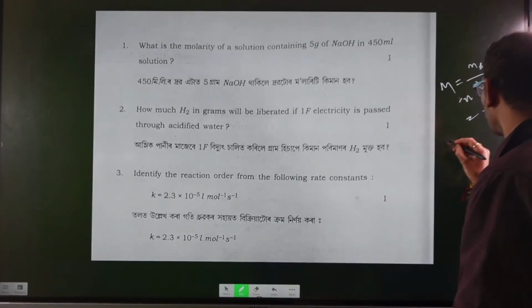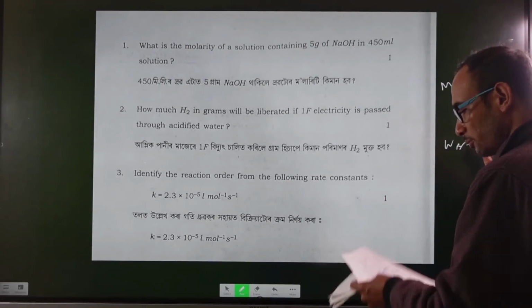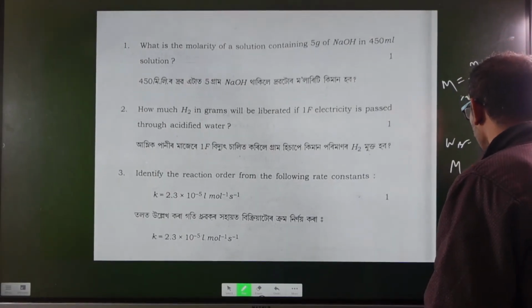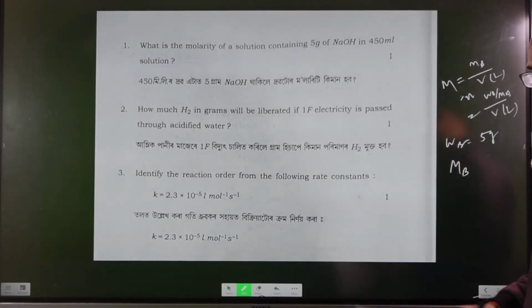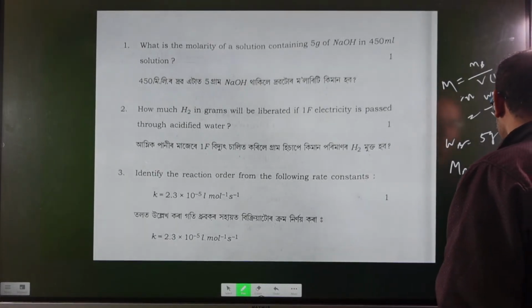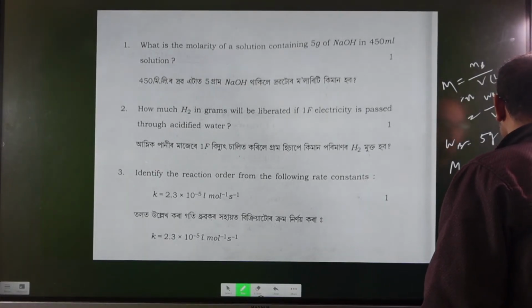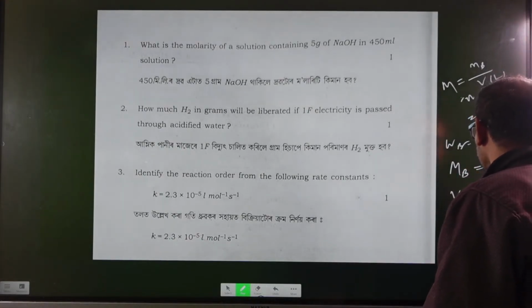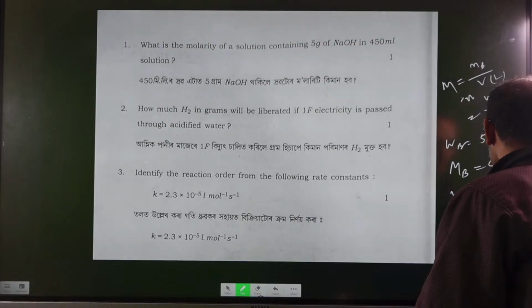You are given WB is equal to 5 gram. Then MB means the molecular weight of your NaOH, which is 40 gram per mole. V is already given as 450 ml.